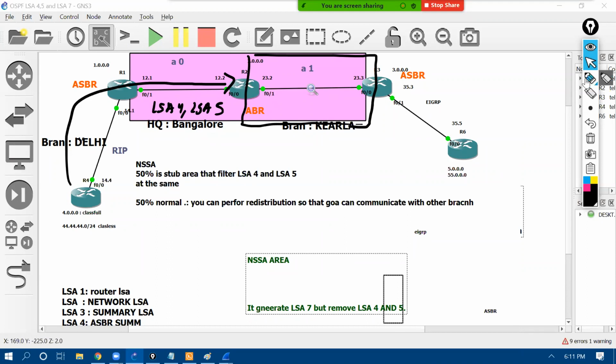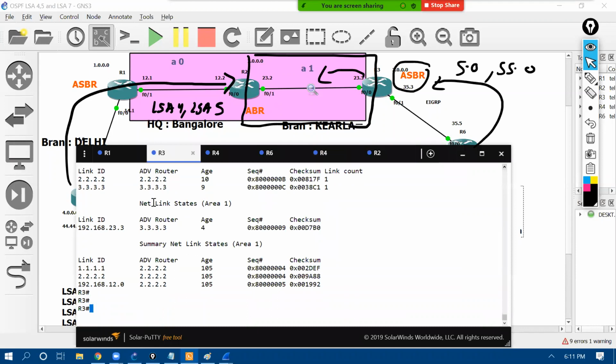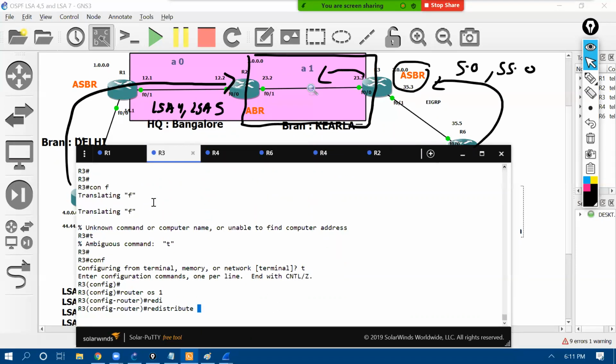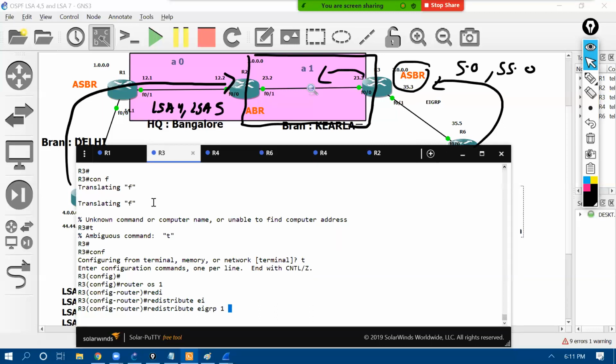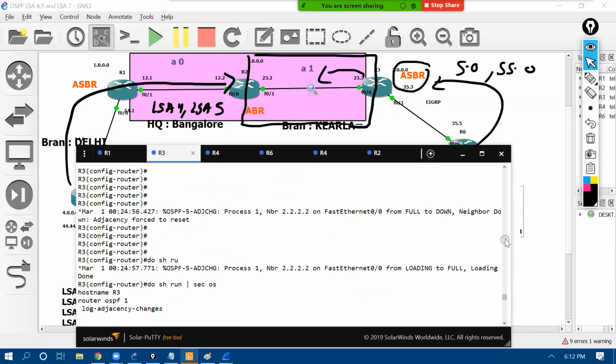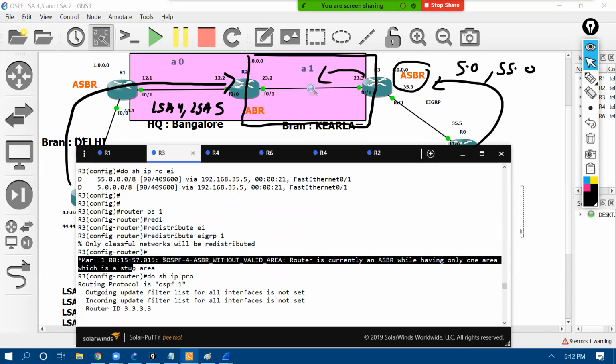Now the second feature: we need to implement the ASBR route, right? We need to inject this route, 5.0 and 55.0, into area 1, right? Let's inject it on R3. And now tell this guy, dude, do one thing. Previously it was prompting the error, right? If you see the previous error, this error was coming after putting this command.